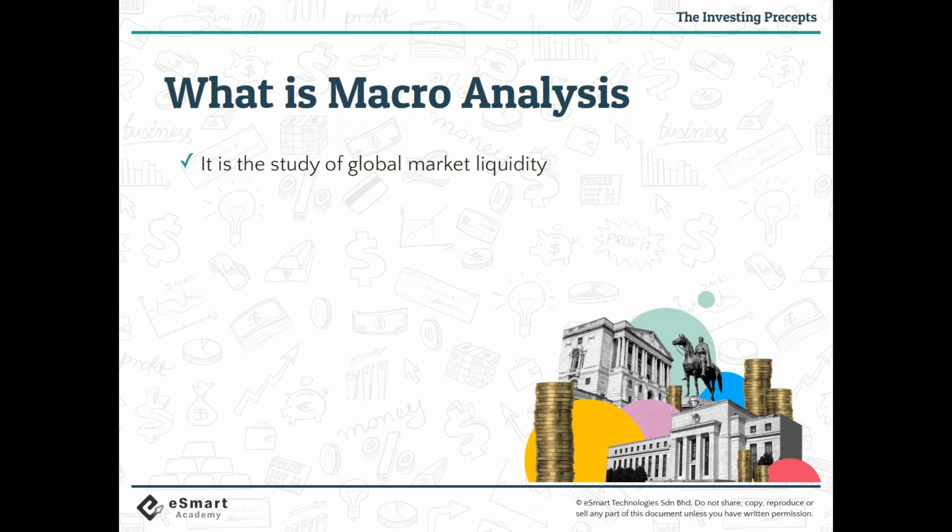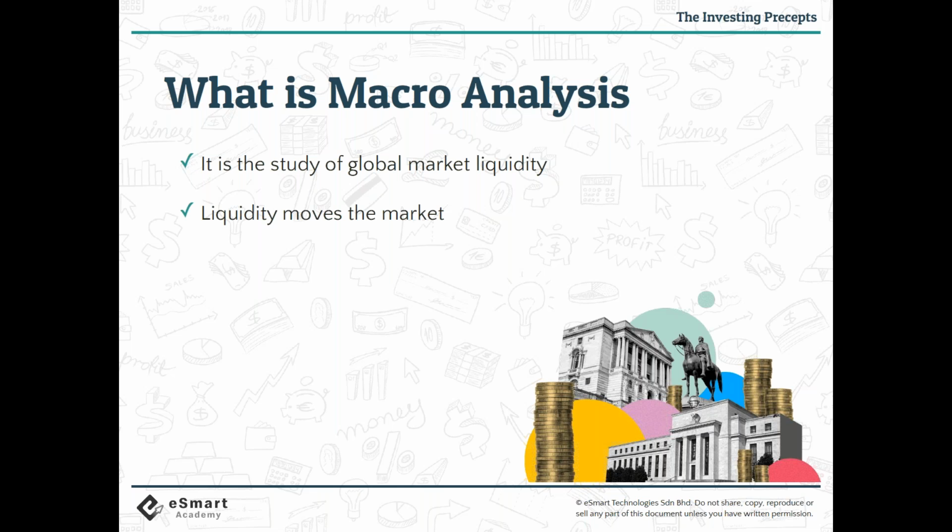If I give you some examples, if you were following the market last year, you realize that globally a lot of central banks were printing money and lowering interest rates. So they were making the financial environment liquid, which essentially means more money supply flowing in the economy and the market. So with macro analysis, we want to study how liquid the market is right now on a global scale.